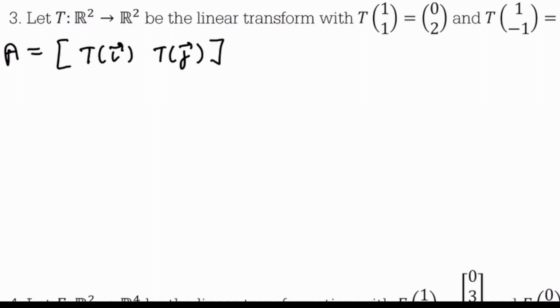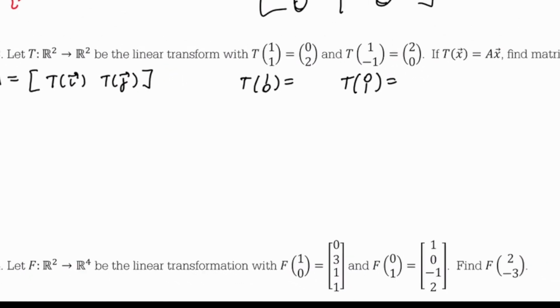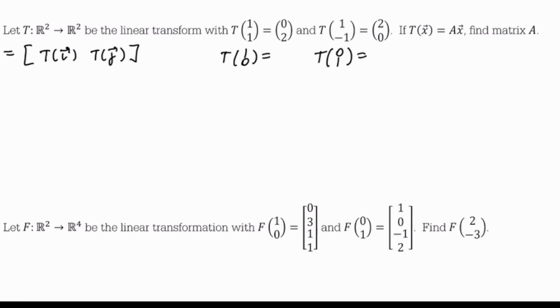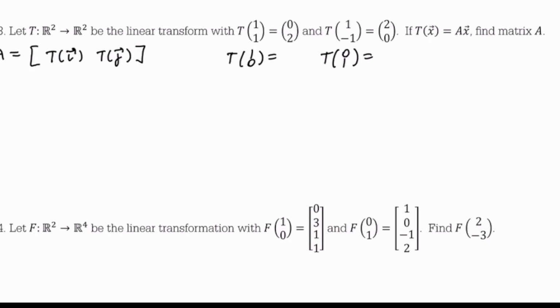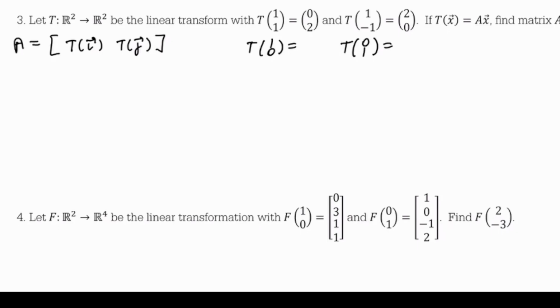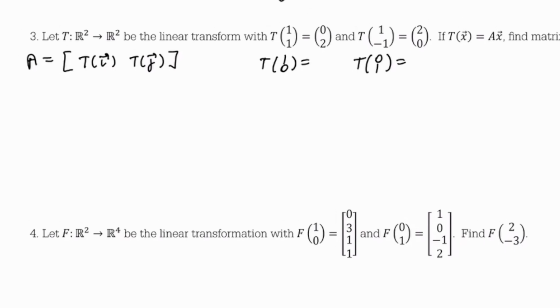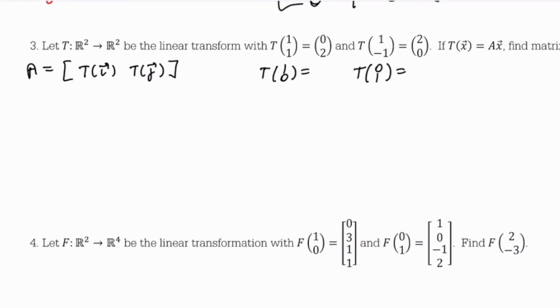So what I need to figure out is what T of (1, 0) is equal to, and what T of (0, 1) is equal to. With this (1, 1) and (1, -1), I'm trying to remember what I was envisioning when I wrote this problem. I'm not sure this was what I was envisioning. Maybe there's an even slicker way to do this problem, and if you're seeing one, let me know, and I'll share it with the whole group.